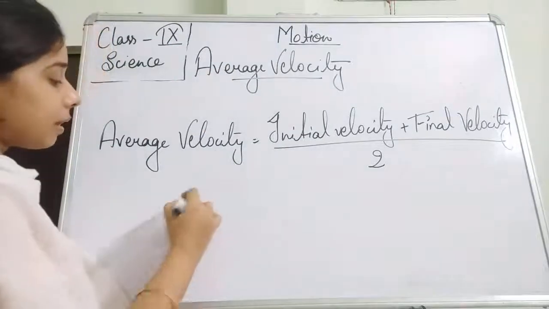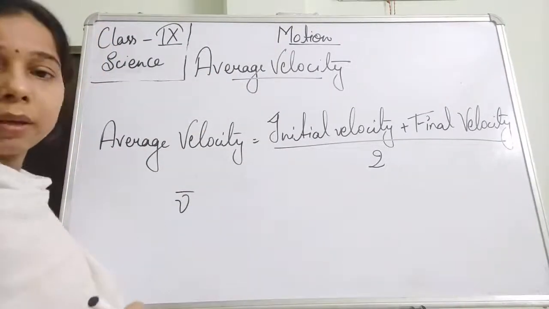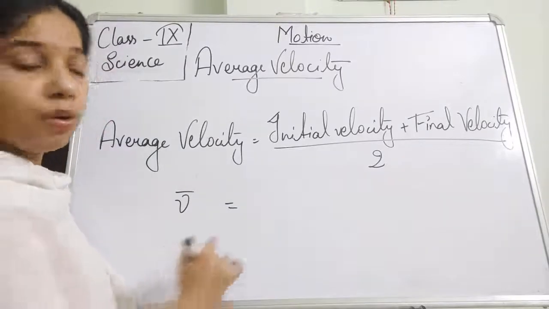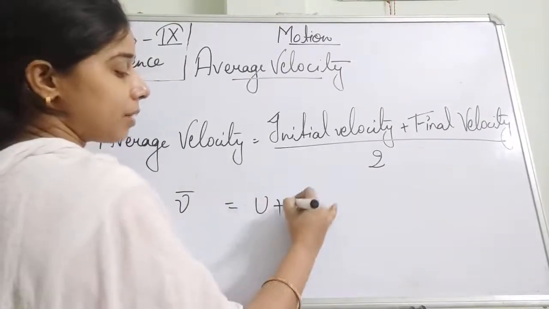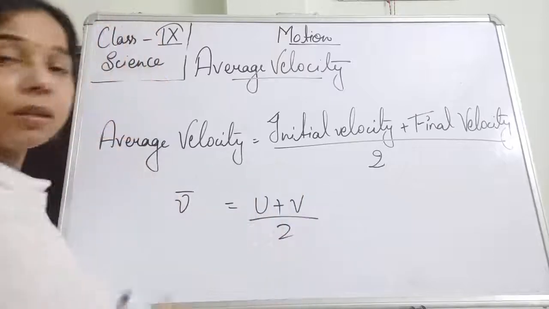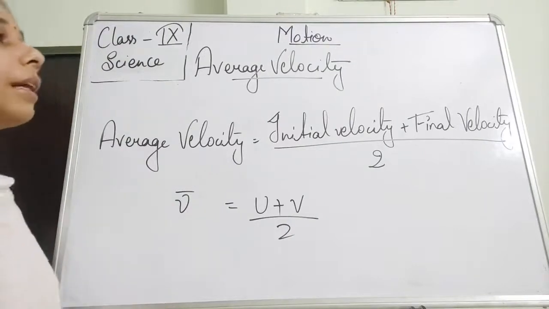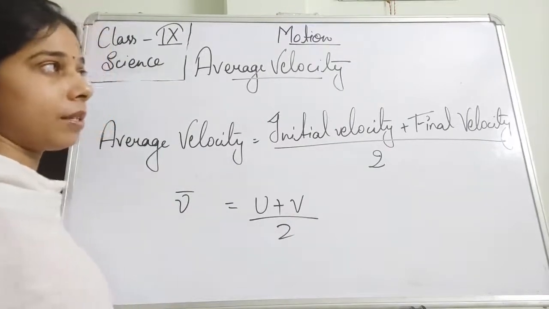Now this average velocity is represented by nu bar. It is equal to u plus v divided by 2, where initial velocity is represented by u and final velocity is represented by v. This is how we can find the average velocity.